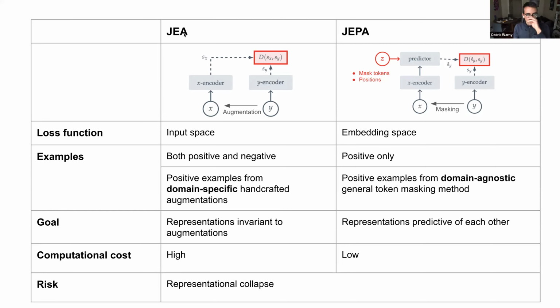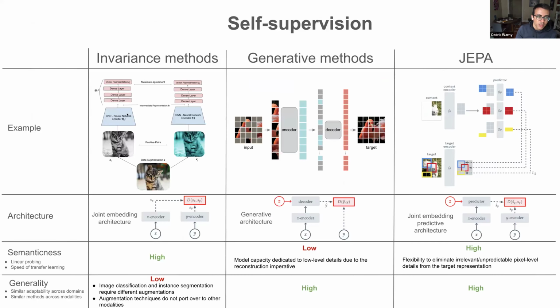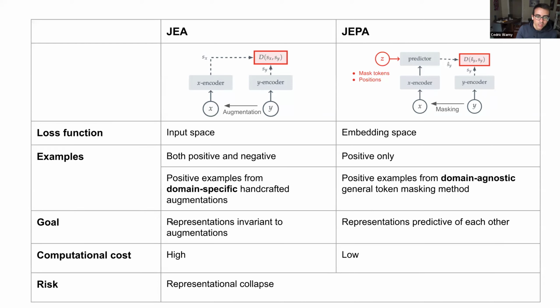The goal for joint embedding architectures is to generate representations that are invariant to augmentations. We've seen that we want to be able to map this cat to the same embedding as this cat because it's fundamentally the same thing. So the goal of this pre-training task is to generate representations that are invariant to some augmentations. Whereas the goal for JEPA is to generate representations that are predictive of each other. So slightly different goals.